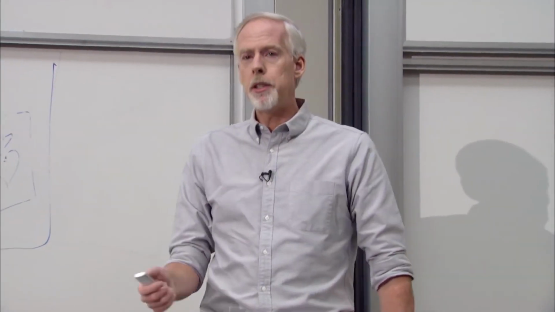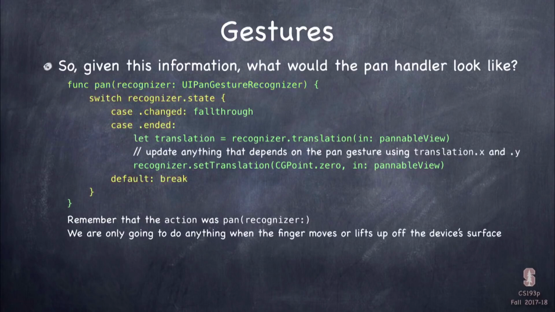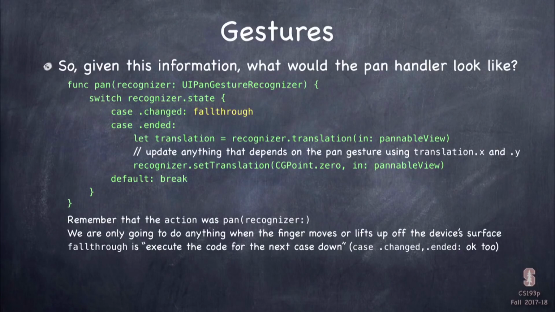All right, so given this information, what would our pan handler, the handler for the pan, look like? It's just pan with the argument being the pan gesture recognizer itself handed back to us. And we switch on the state. We always switch on the state, and if it's changed or ended, and notice I'm using fallthrough there, but I could have just said .changed, comma, .ended there.